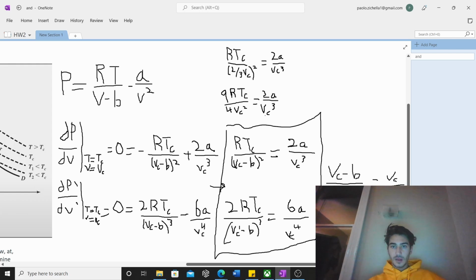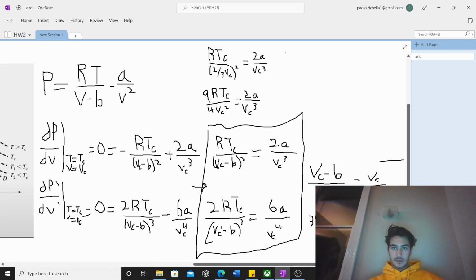So on the left-hand side of the equation, we would have 9 times R times the specific temperature at the critical point times the specific volume at the critical point cubed is equal to 2 times 4, 8 times A times the specific volume at the critical point squared, right?